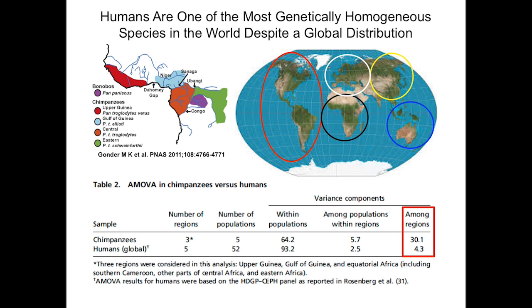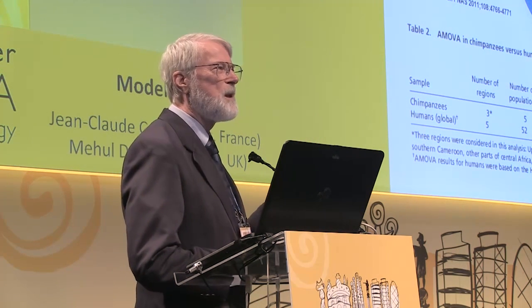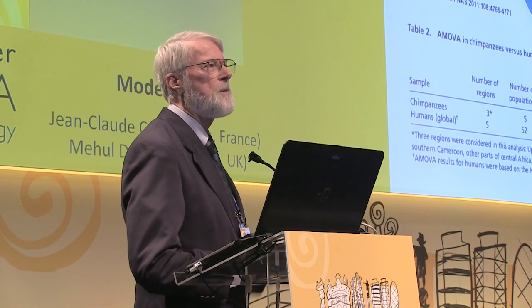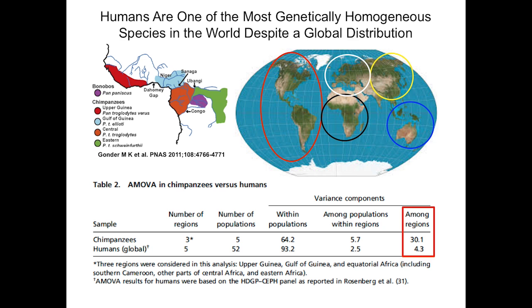Think of that. In fact, even if you add the Neanderthals and the Denisovan individual, they are also not as different as the modern subspecies of chimpanzees. So humans at a global level, 95% of our genetic variation is just due to the fact that we're individuals. And very little is due to the fact that we have, quote, different populations.